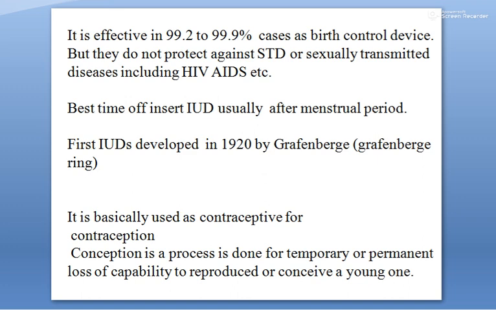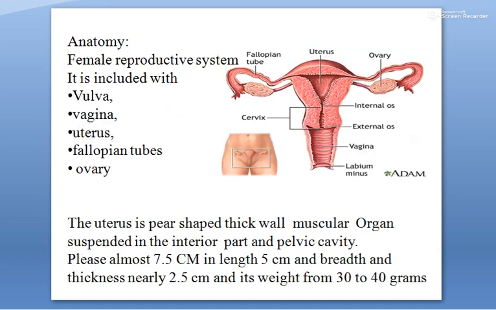Before we start with the types of IUDs, we have to know the anatomy of the uterus. So let's start with the anatomy of the uterus. The female reproductive system includes the vulva, vagina, uterus, fallopian tubes and ovaries. IUDs are placed basically in the uterus.